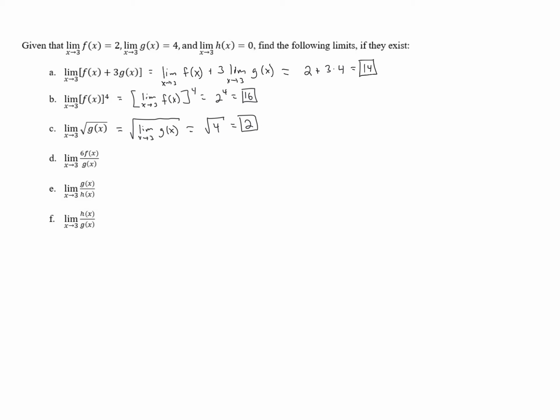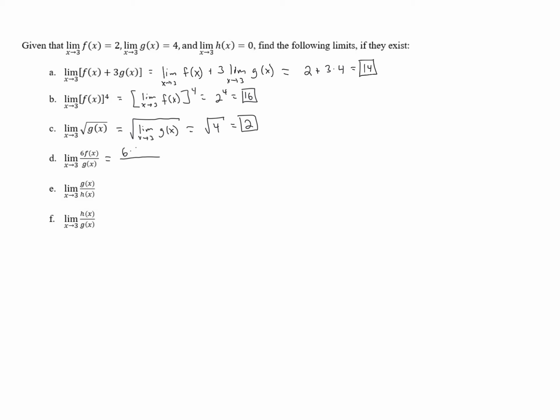Okay. For part D, we know that the limit of a quotient is the quotient of the limits, so long as the limit in the denominator is not equal to 0. And so we can write this. We can also pull that 6 outside of the limit.